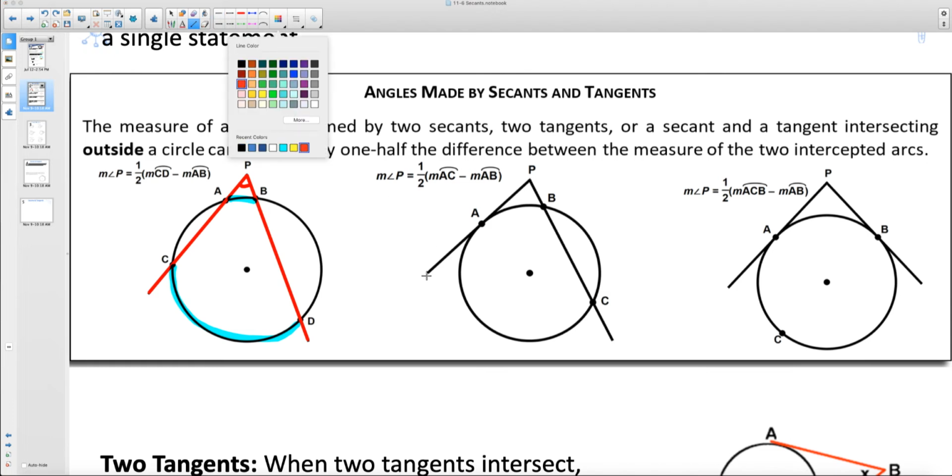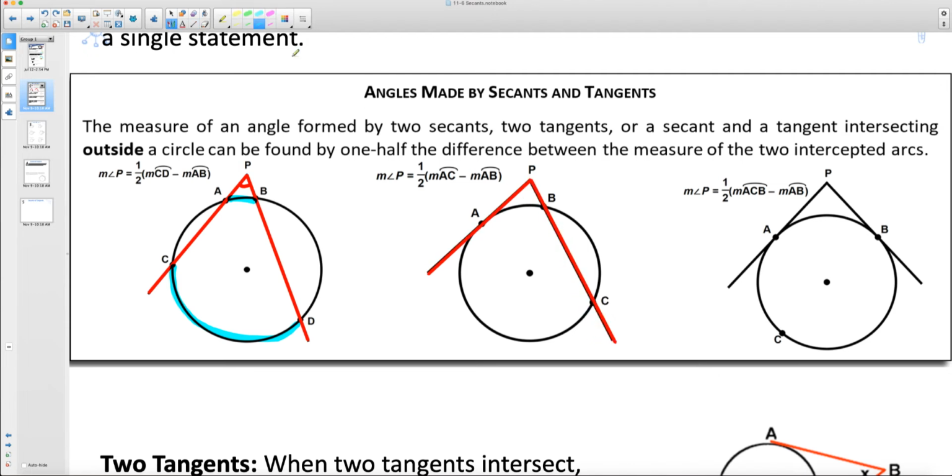If we look at the next one, this is another angle outside the circle, created by a tangent and a secant, but it's still the same rule, which is pretty nice. It's going to be arc AC minus arc AB, and then divided by 2.